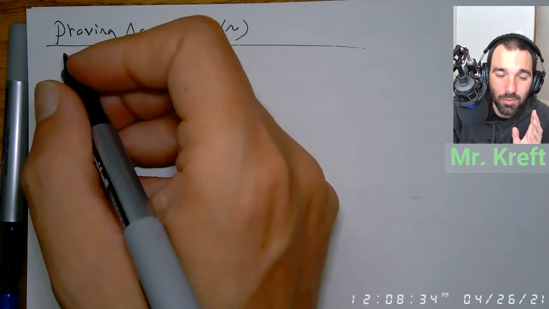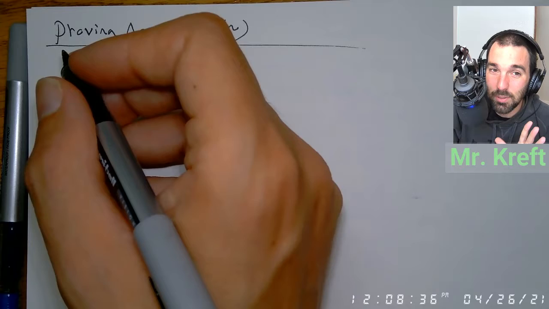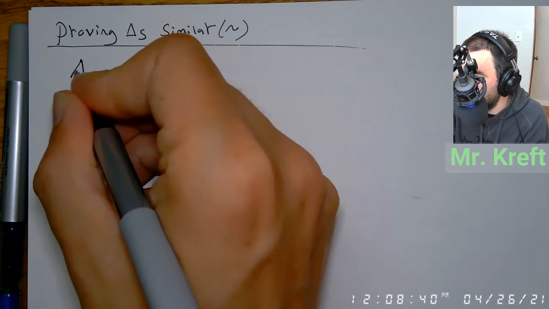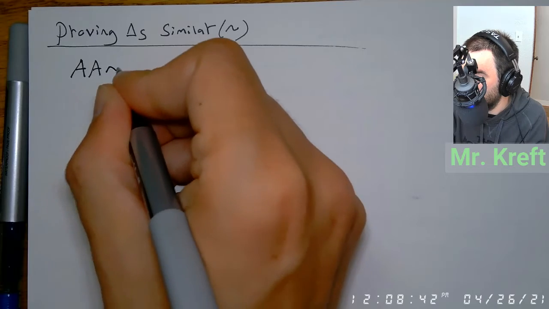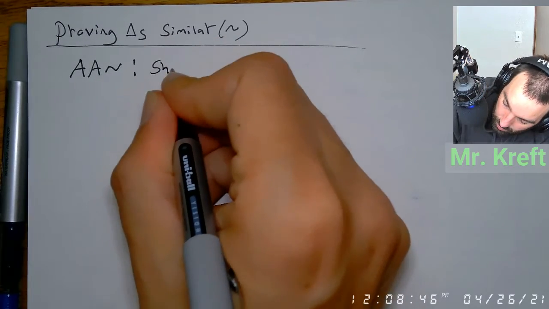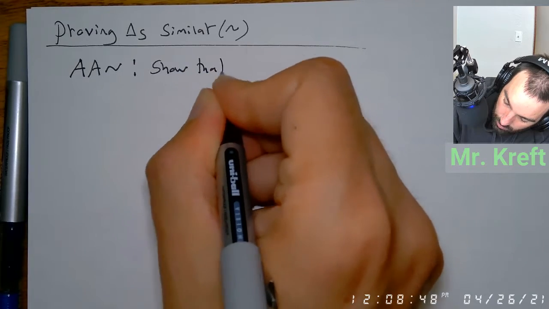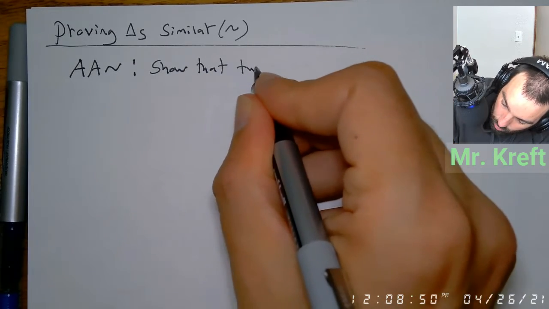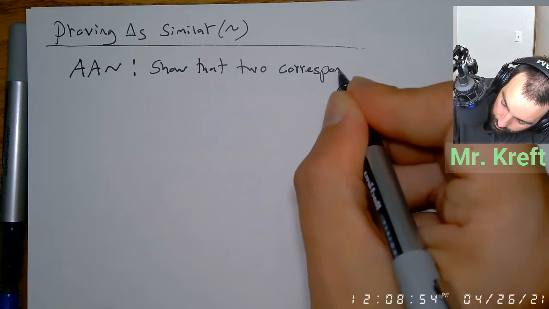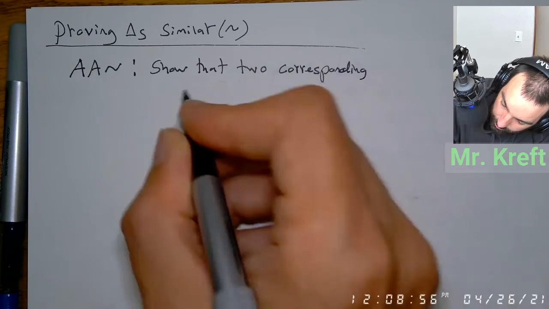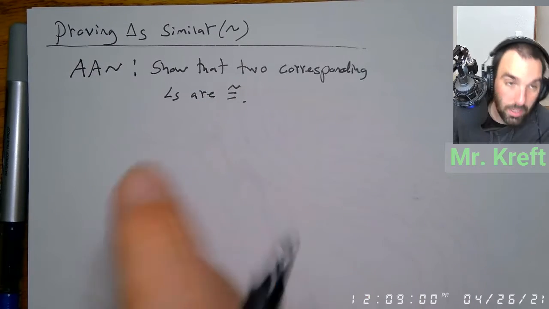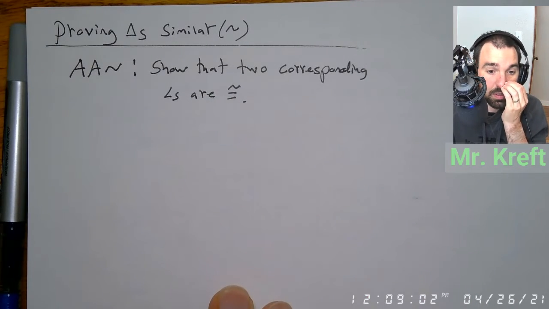I mean, there is SSS similarity. We kind of talked about that, but we don't have to know it because we didn't do a proof with it. So we have AA similarity. All we have to do is show that two corresponding angles are congruent. And that's pretty easy to do.